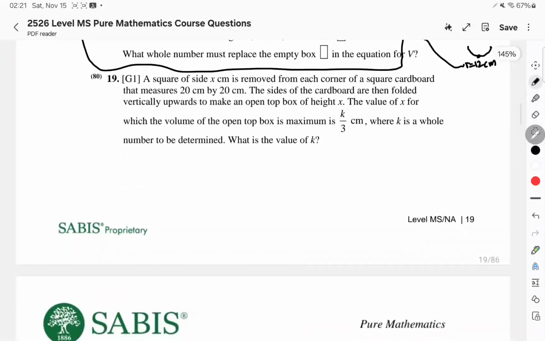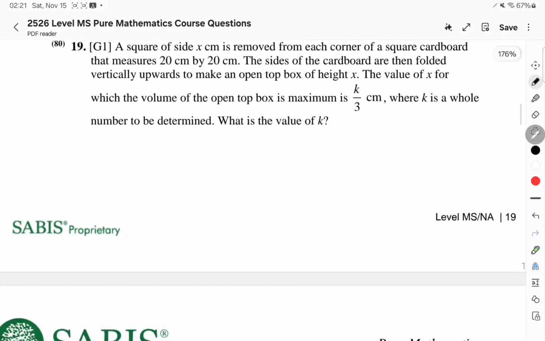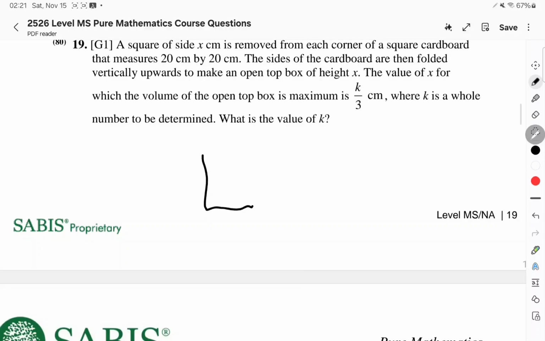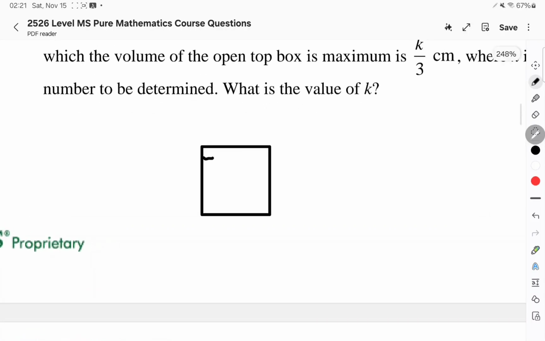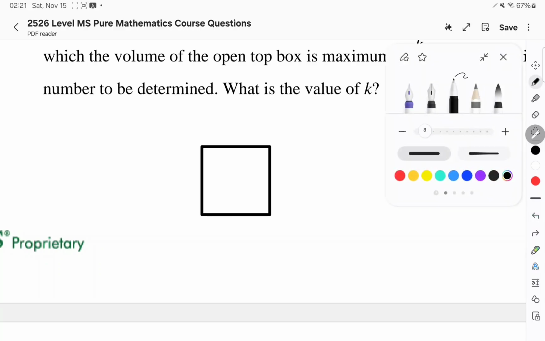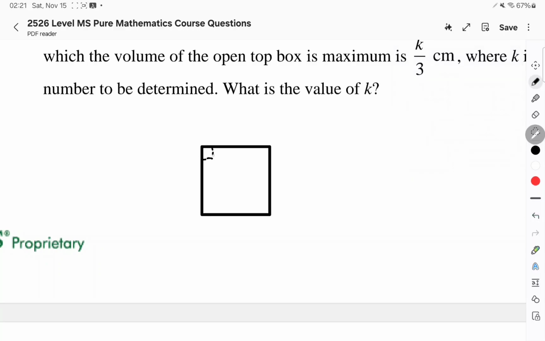Moving on, we have a square cardboard, and from each corner a small square is taken out, and each one has side x. Okay, now what happens? Once these are cut, I have this kind of shape.